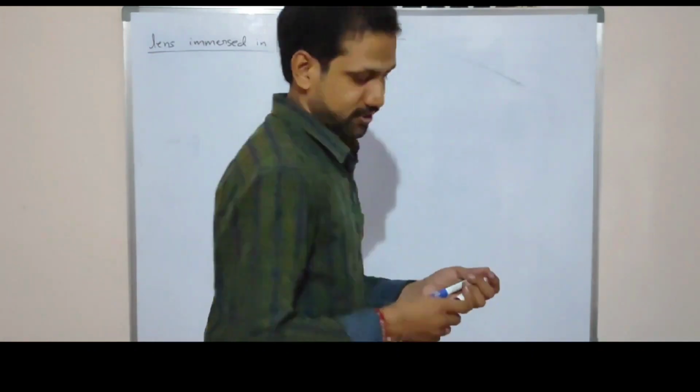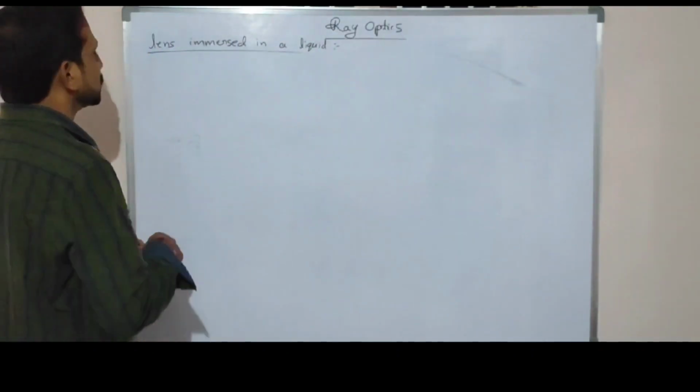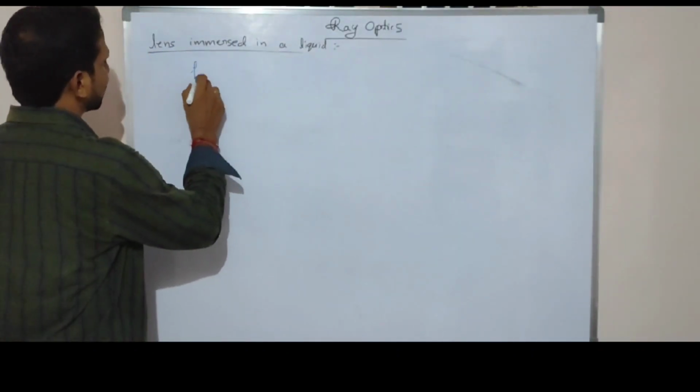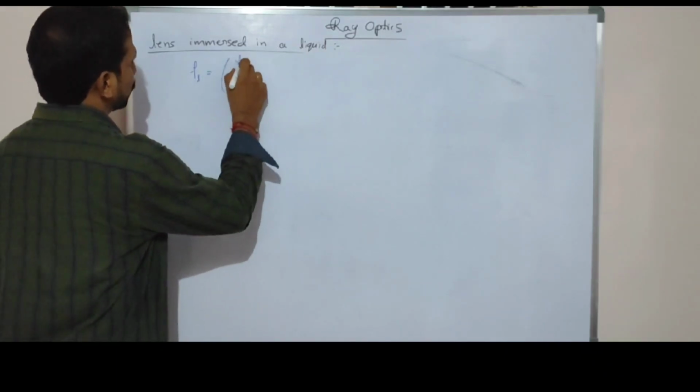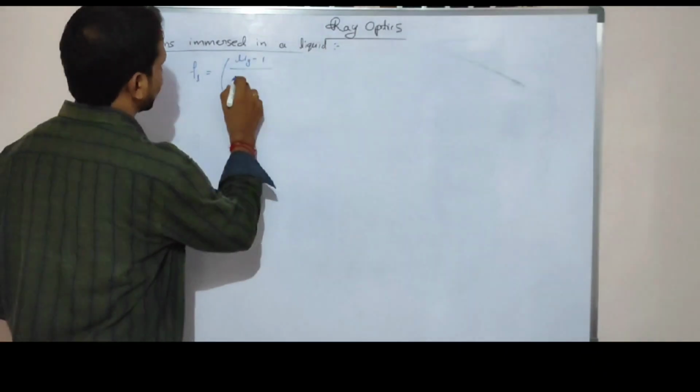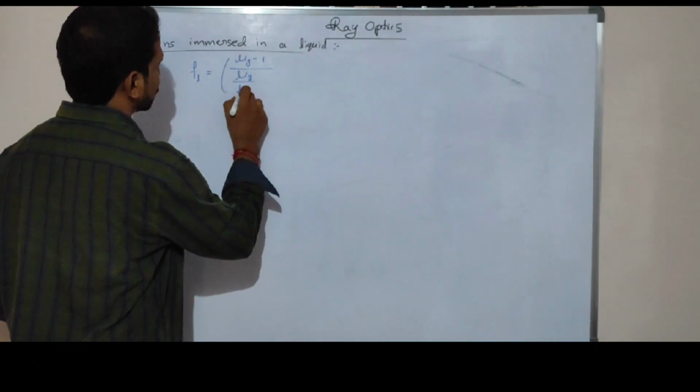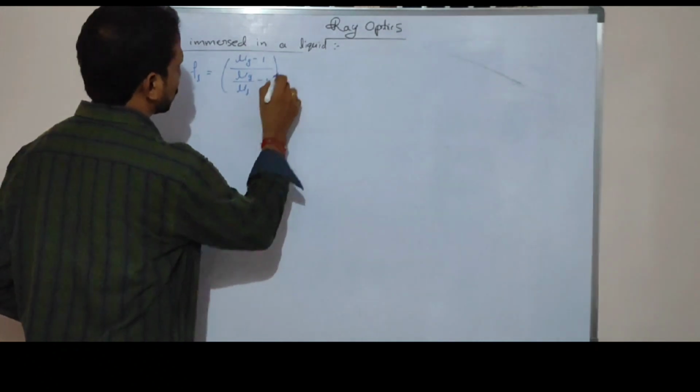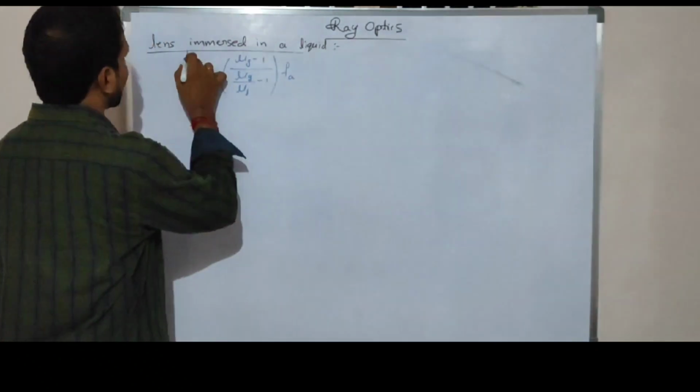Let me write the formula I derived here: the focal length in liquid equals mu for glass minus 1 divided by mu for glass by mu for liquid minus 1, whole multiplied with the focal length in air.